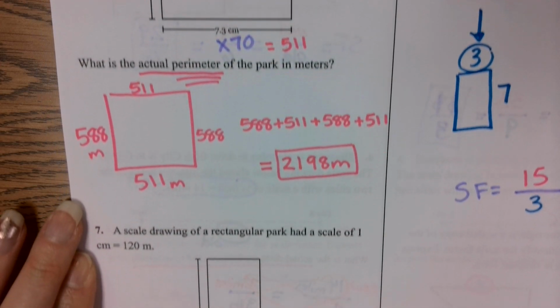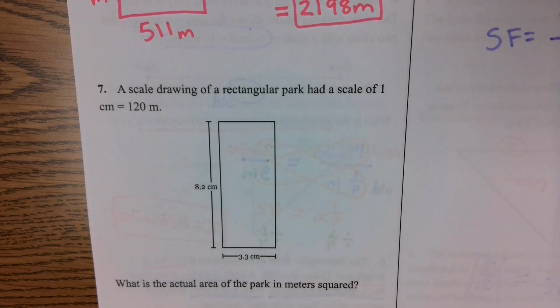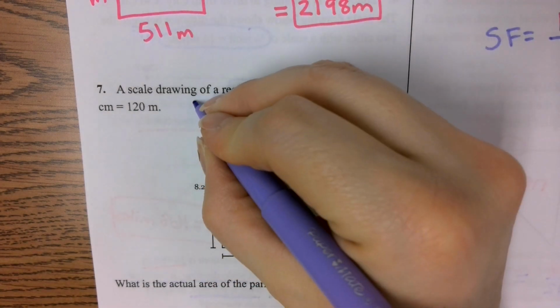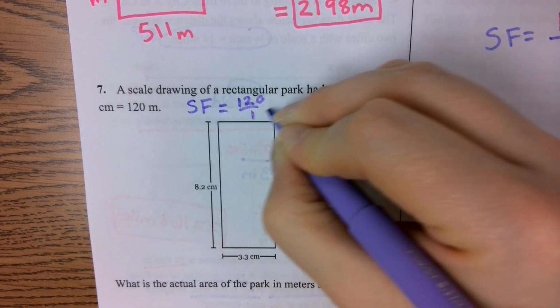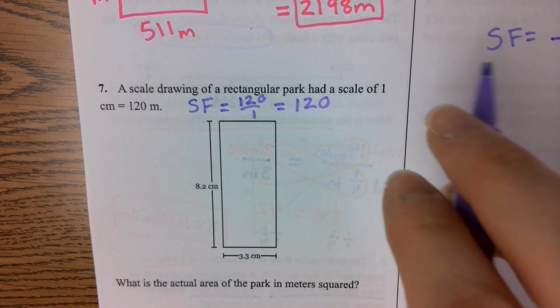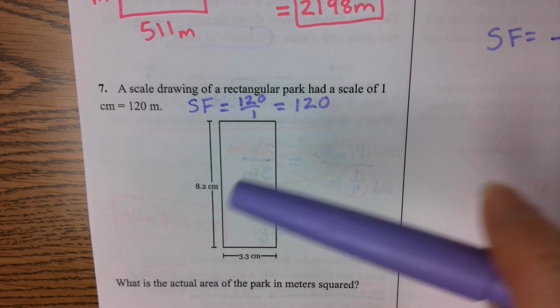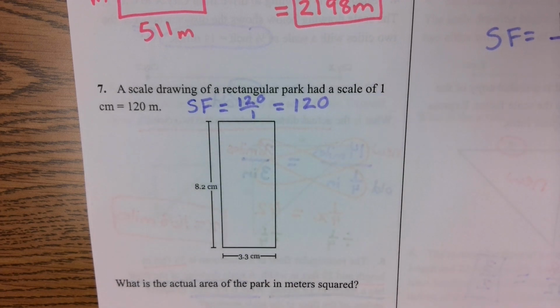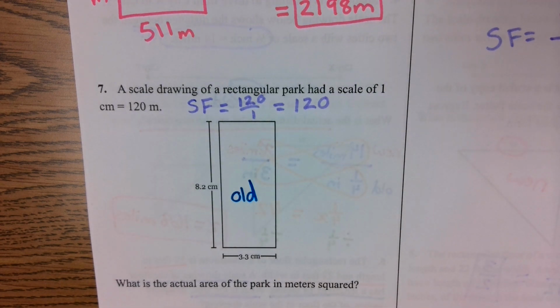All right, let's go over this one. For here, our scale drawing, it has a scale of 1 centimeter equals 120 meters. That represents our scale factor. So our scale factor is 120 over 1, which simplifies to 120. Now remember, we're going to take that scale factor and multiply it by both of the old dimensions. These were our old values. We want to create new values.